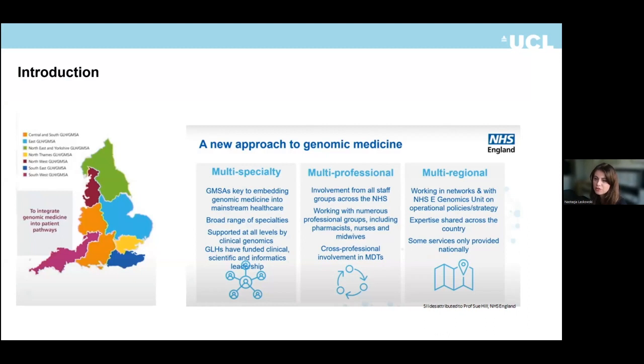Mainstream was introduced to enable non-geneticists to order genomic testing as specified in the National Genomic Test Directory. And we use an implementation science methods approach, which aims to systematically evaluate the implementation of new interventions in real-world settings. And we applied this to the delivery of whole genome sequencing in pediatric rare diseases.